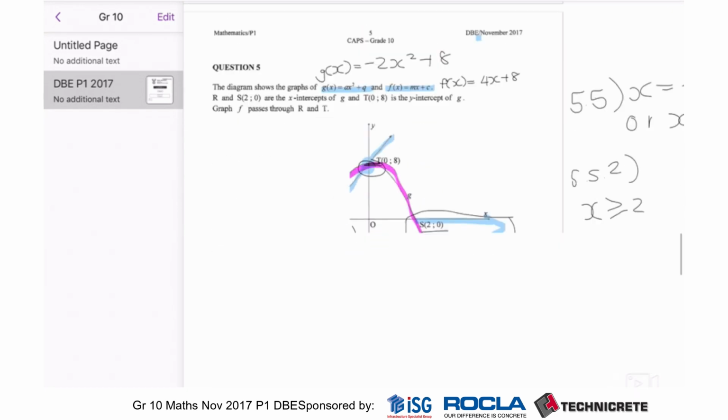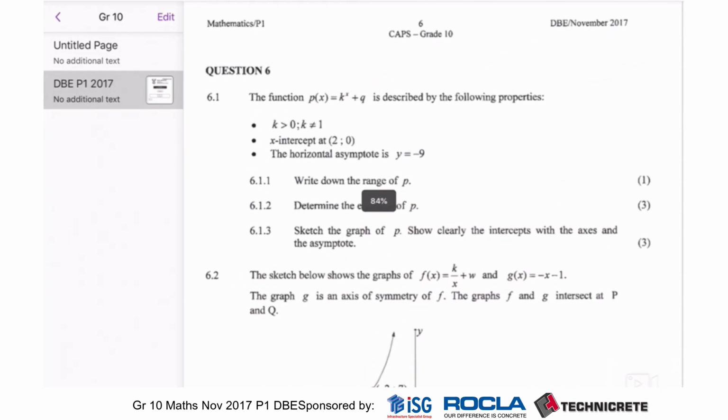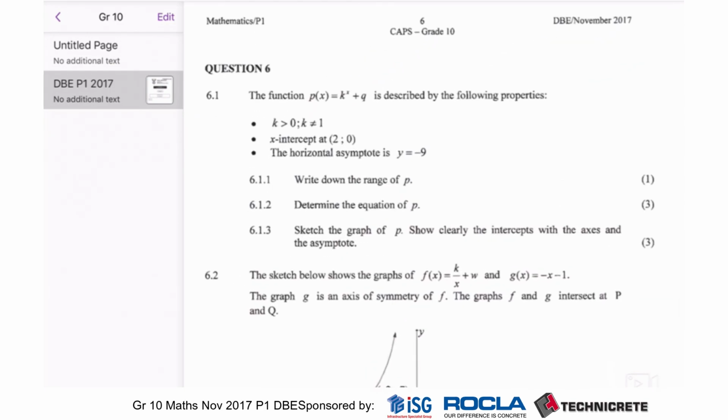So they're giving us information about this graph. They're telling us that k is greater than 0. Okay? They're telling me that k cannot be equal to 1. They're telling me the x-intercept is 2, 0, and they're giving me the horizontal asymptote, which is very helpful.